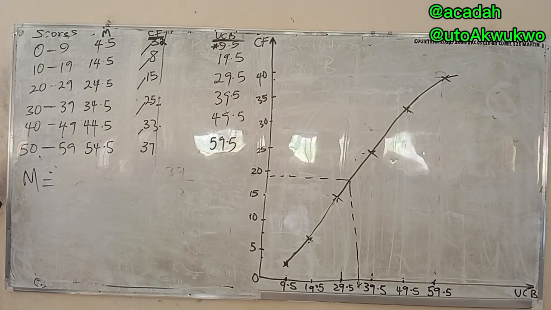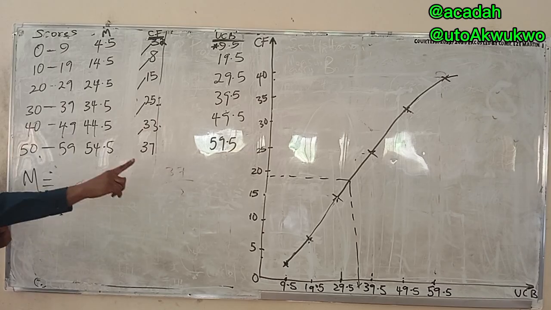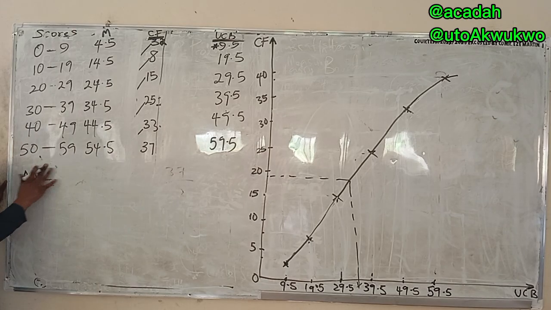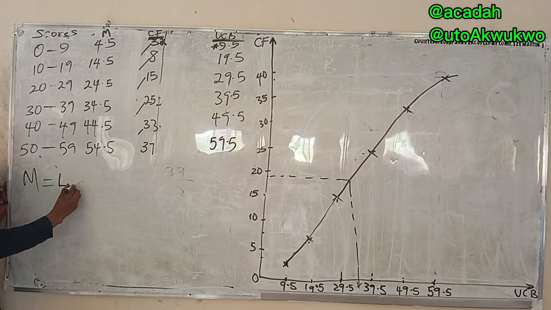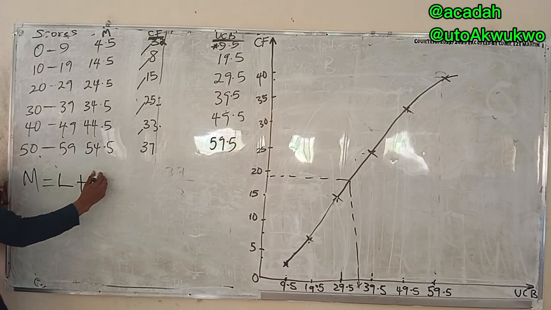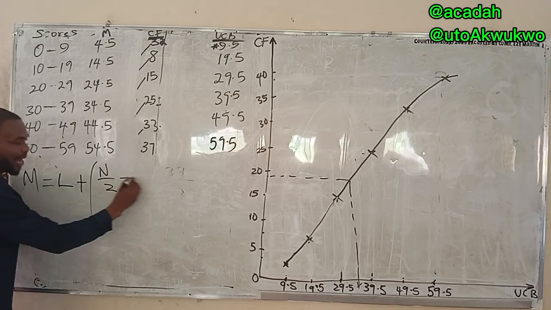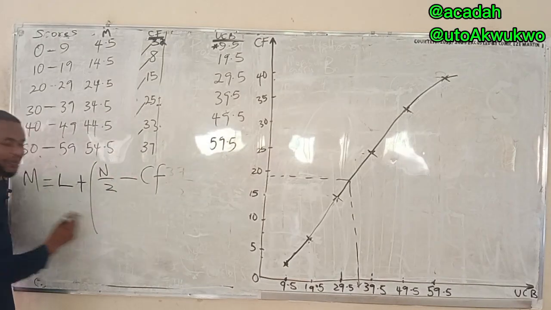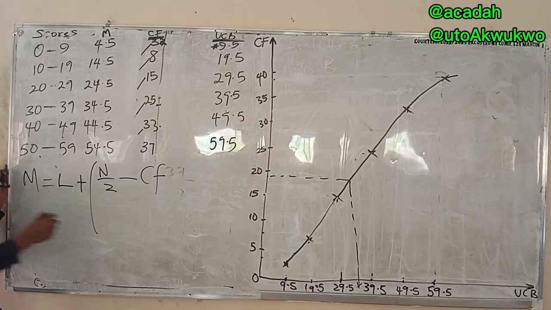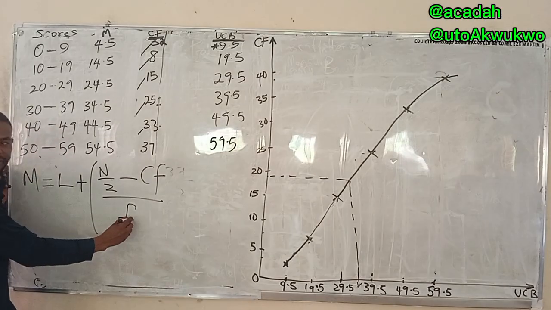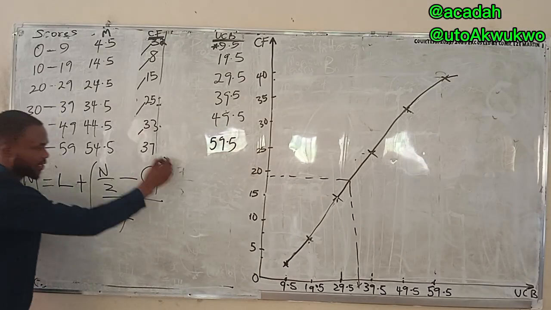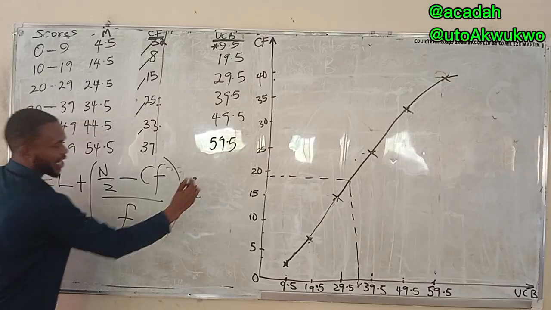But a situation whereby you are not with your graph notebook, or you want it to be very easy and fast, you will not come to an objective question, solve the median, you start drawing graph. So all you need to do in that case is remember that median can also be gotten by doing lower class boundary plus n over 2 minus cumulative frequency before the class the median is, all over the frequency of the median class multiplied by class interval.